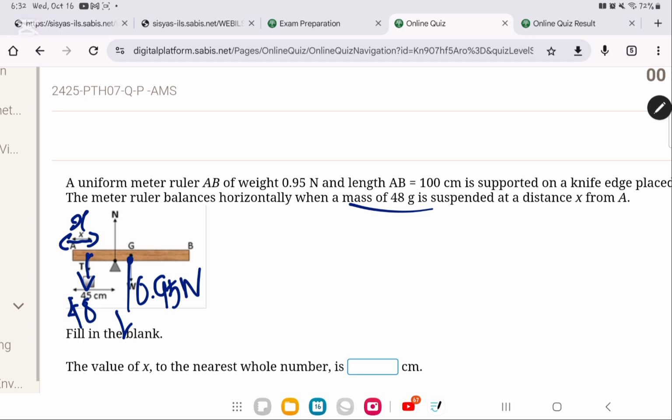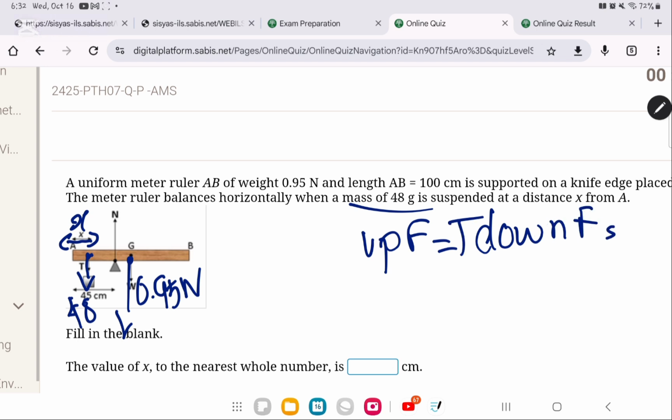So I'm gonna write one rule that you guys know from before. You remember that the up force is equal to the total down forces. The up force, we're gonna call it force N. Force N is equal to the total down forces.